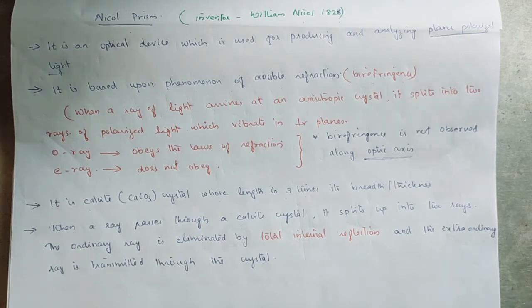But one way to produce intense polarized light is to use a large number of glass plates, by the method of pile of plates.